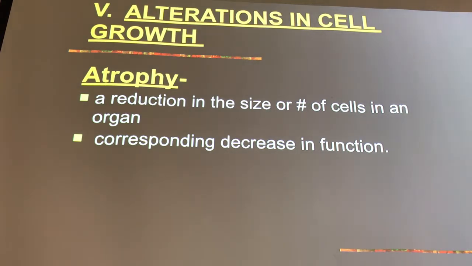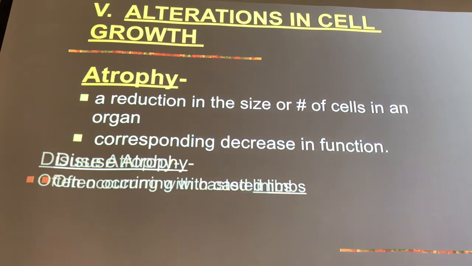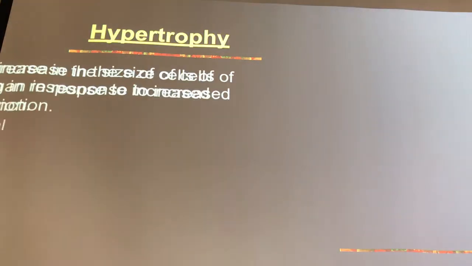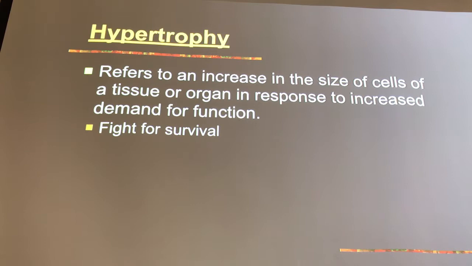Okay, so decrease in the size of cells because of lack of movement, corresponding decrease in function because the strength may not be there. Casted limbs, right? Hypertrophy refers to the increase in the size of cells, a tissue or organ in response to increase in demand or function.